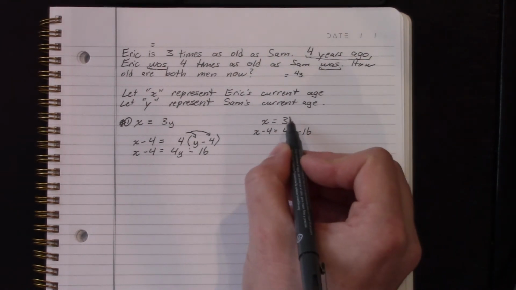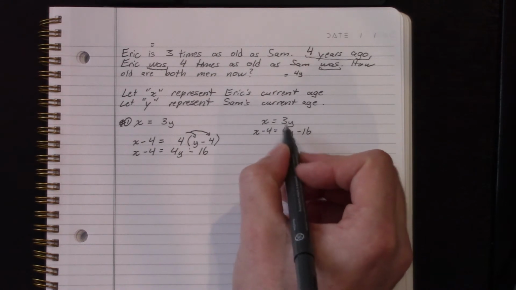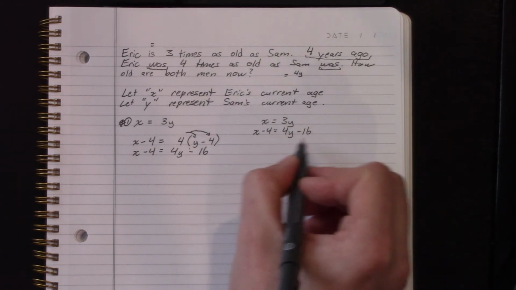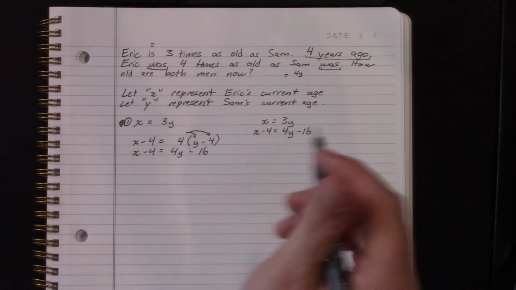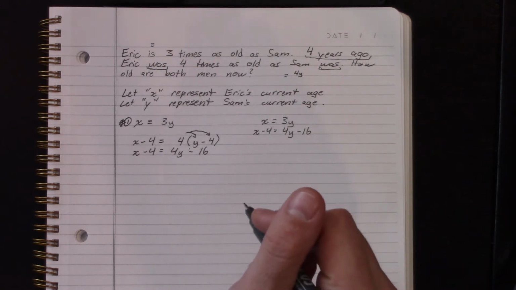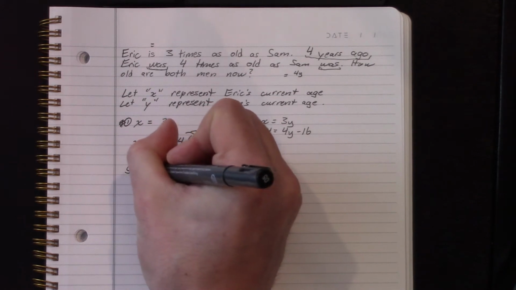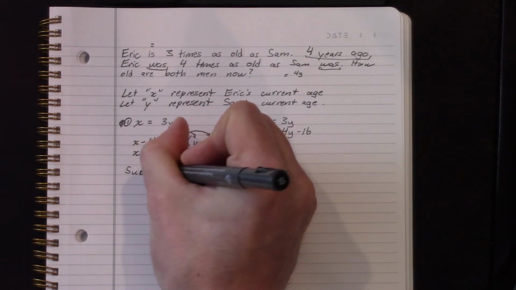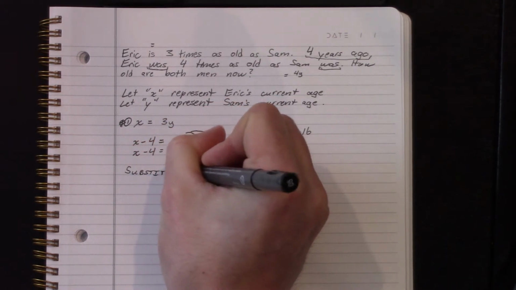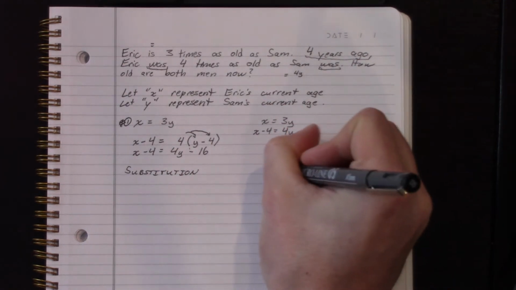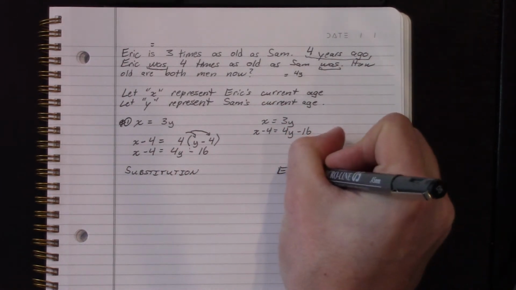So I want to get this y over here, and this constant term over here. So you can use either substitution or elimination to solve this. I'll do both for you just on this first example so that you guys can remember how to do each.